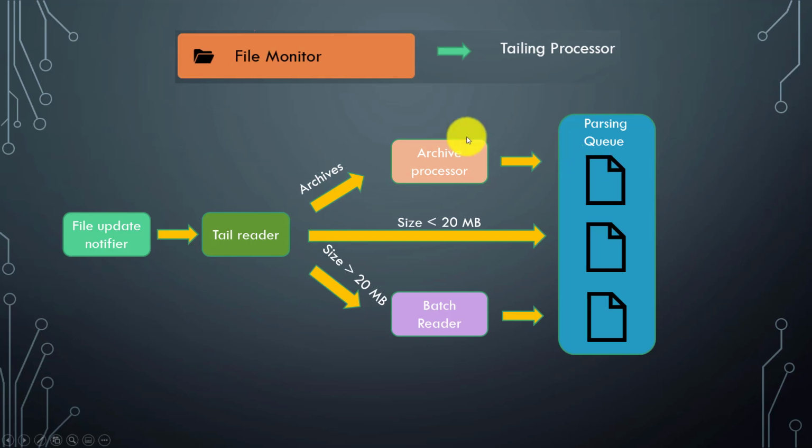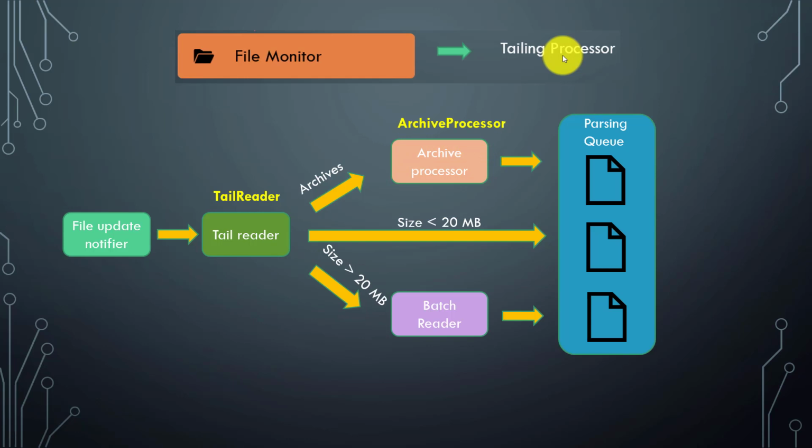So this is how typical file monitor processing looks, and the overall processor is the tailing processor. Now, if we assign the component names, as I said, in the internal index there is a field called component. For the tail reader, the component name is tail reader.